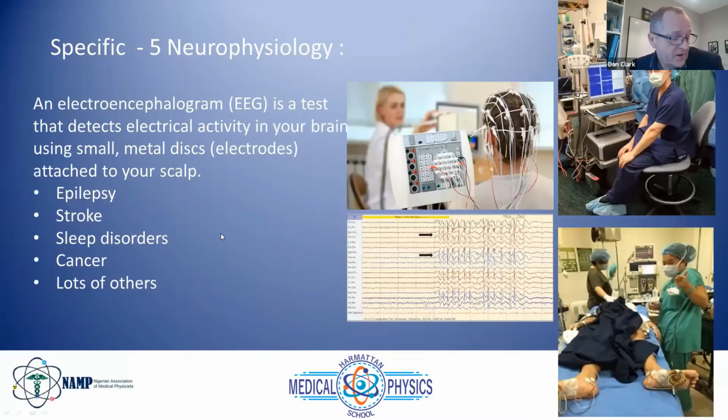The second one I was briefly going to look at this morning is neurophysiology. Now you will know that our brains are essentially powered, working by passing small electrical signals around the brain. And if we can measure those electrical signals, they're called electroencephalograms, or EEGs. So that's the tiny electrical currents that come when our brain is functioning.